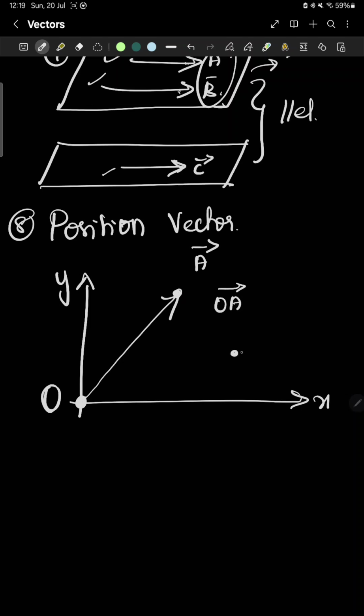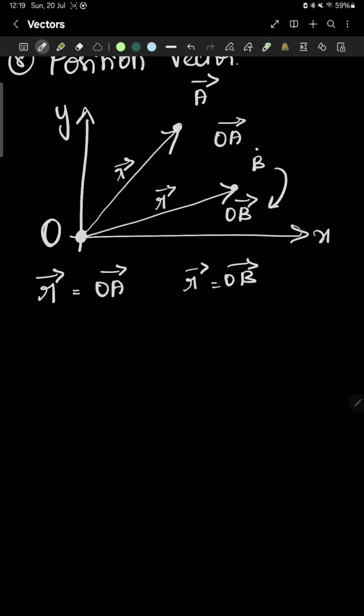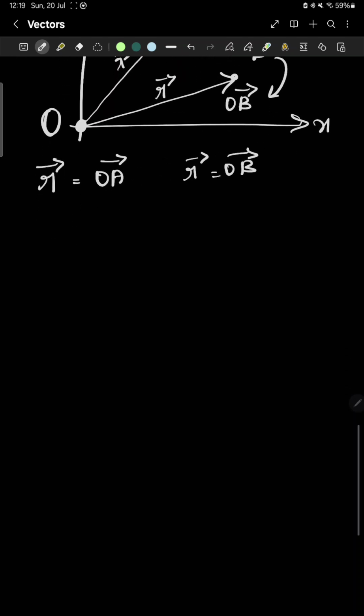Let us consider a point B here in this space. From the origin it can be represented by this vector to this point, so it will be OB vector. So OB vector is the position vector of the point B. This is represented simply as R vector. So R vector represents the position vector, which is equal to OA vector, and R vector will be OB vector. Usually we represent the position vector in terms of R vector.